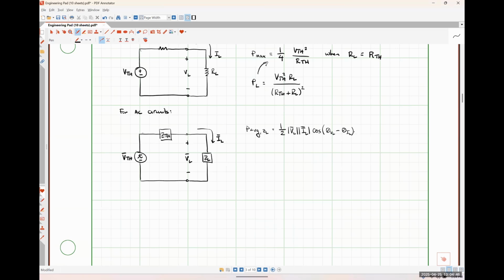And we need to figure out essentially what are the conditions that are going to be required in order to maximize this particular average power. And unfortunately, it is a bit more difficult than what we did with just simple DC circuits, but it's not anything hugely difficult by any stretch of the imagination, okay?